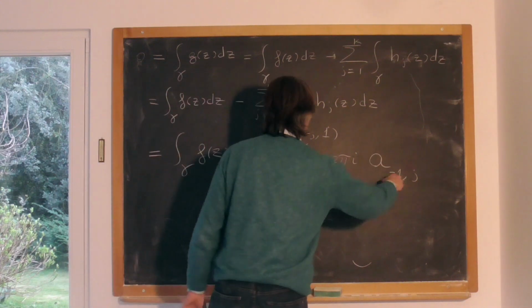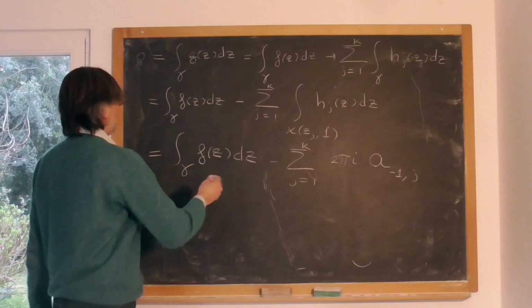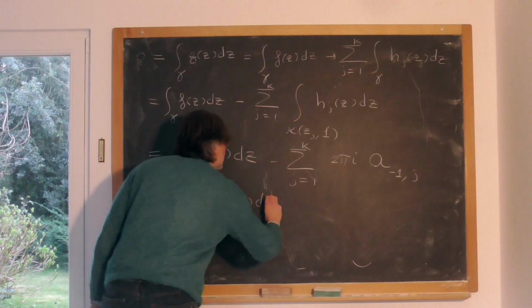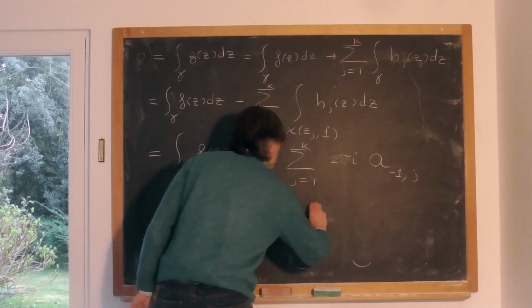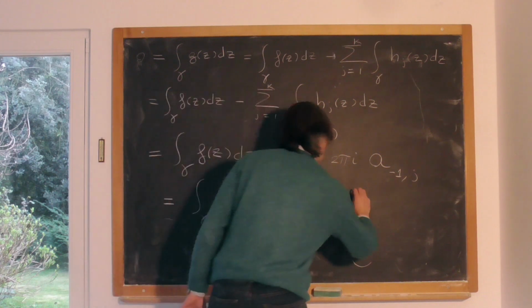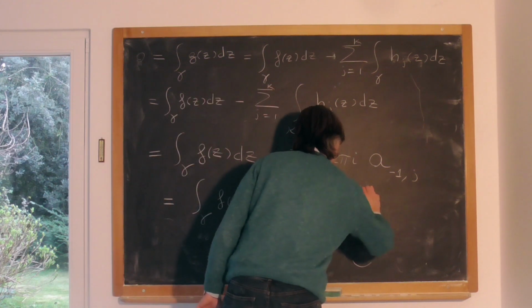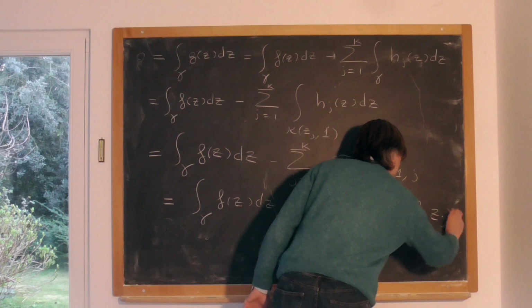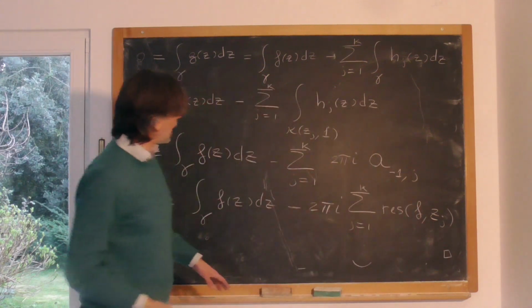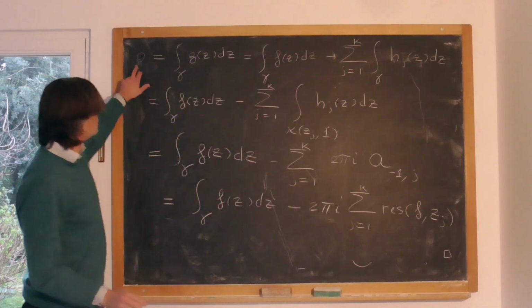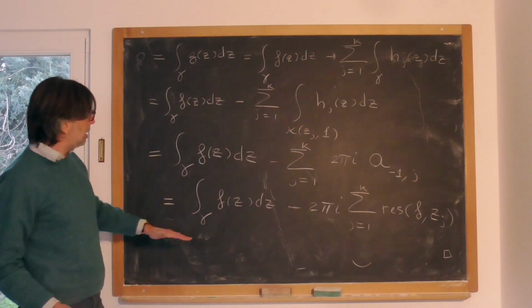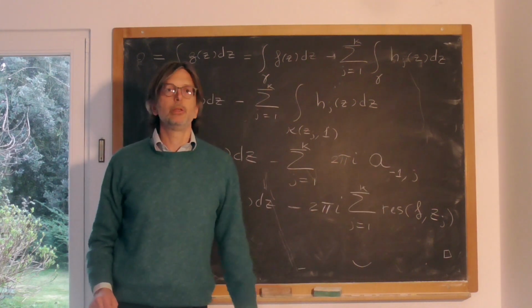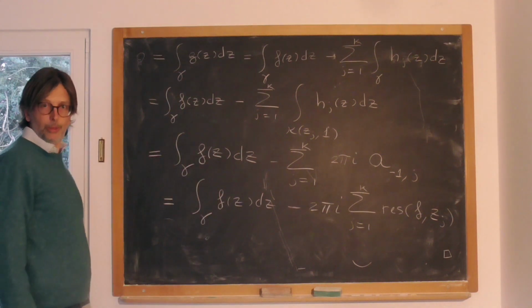And this is nothing else but the residue at Zj. So we can rewrite this as the integral of f(z) dz, minus, 2 pi we can take outside the sum, and then we have the sum j from 1 to k of the residue of f at Zj. Okay? So the fact that this quantity vanishes tells us exactly that the integral of f is 2 pi times the sum of the residues. So we've proven the residue theorem.